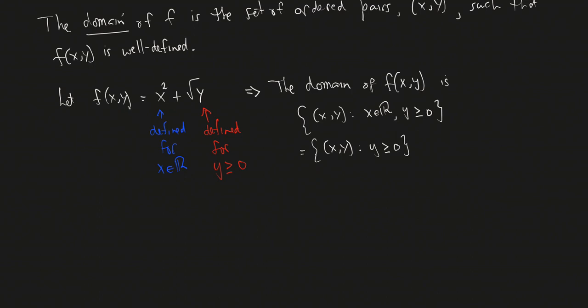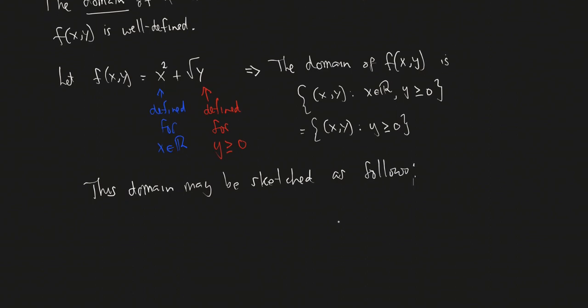You sketched it on the number line because back then it was a subset of the real line. Now this is a subset of R2, the set of all ordered pairs. So let's say this domain may be sketched as follows. All right. So what do we do?